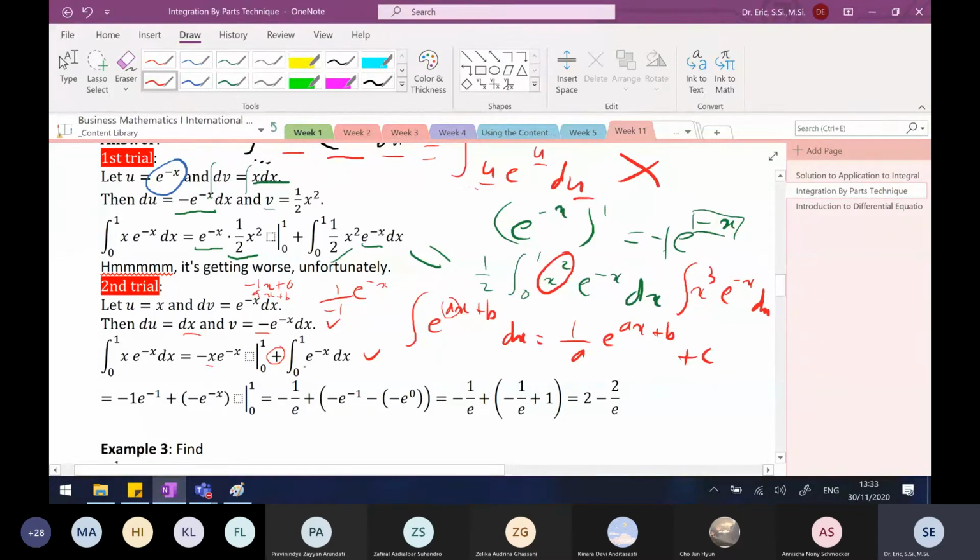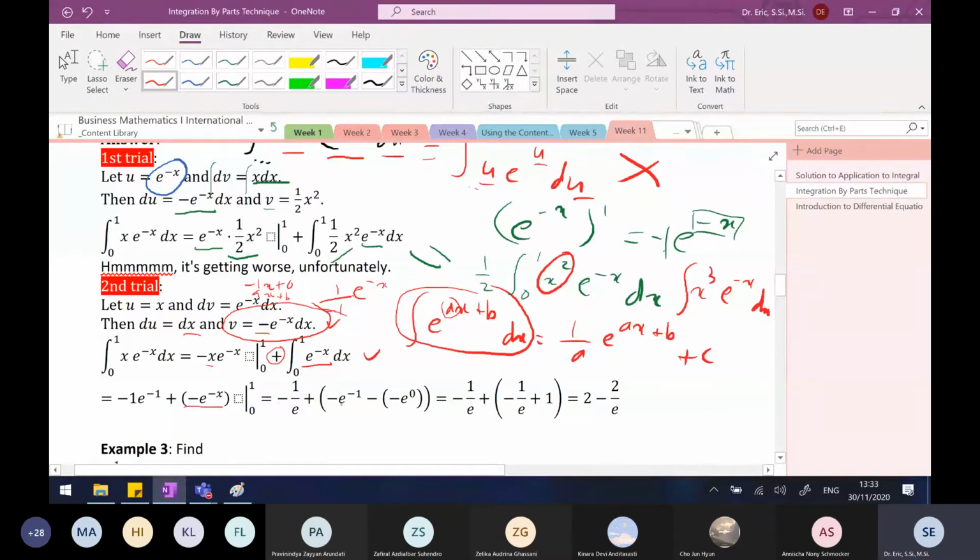And what is the integral of this? The same as this. The integral is minus e to the power of minus x, evaluated at 0 and 1. So you have minus e to the power of minus 1, minus, don't forget, minus e to the power of 0. Be very careful, yeah?